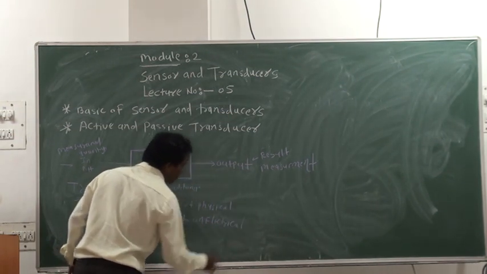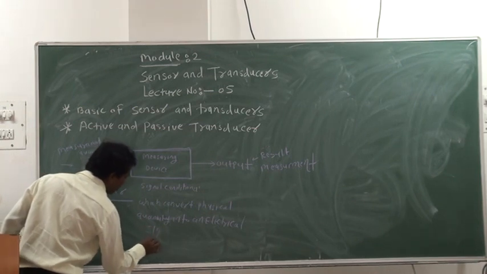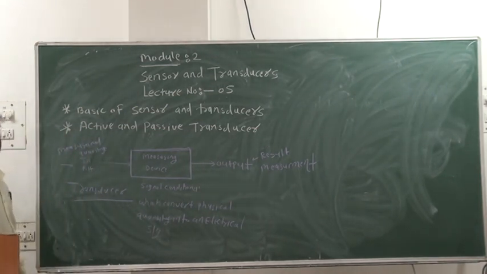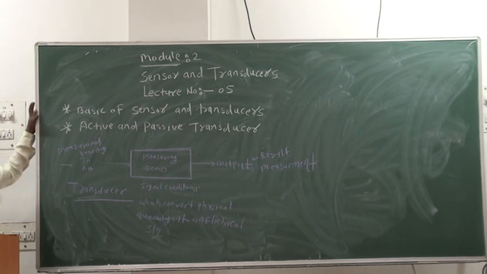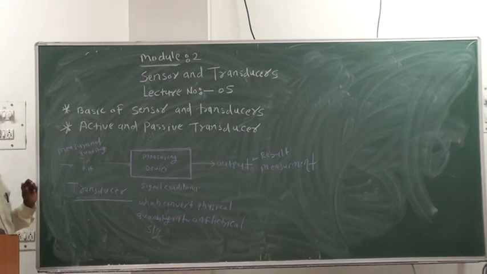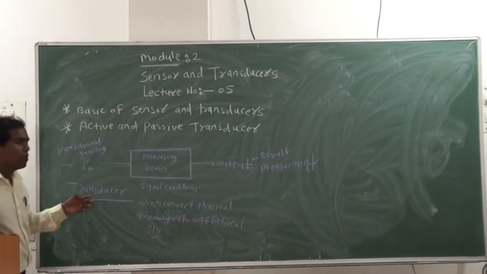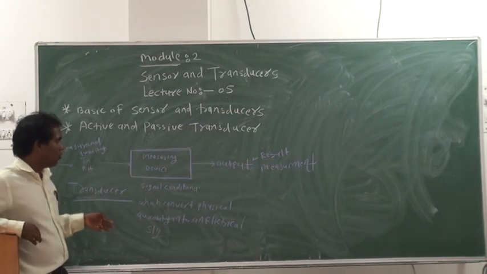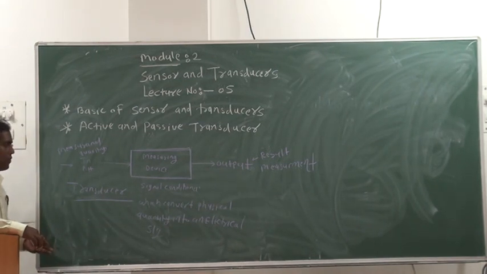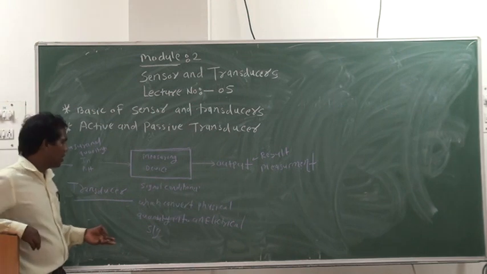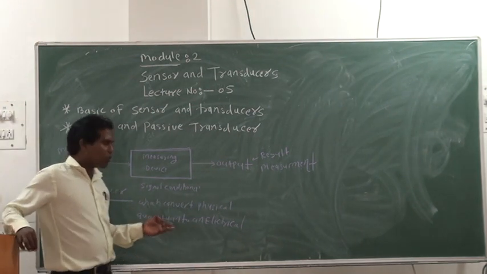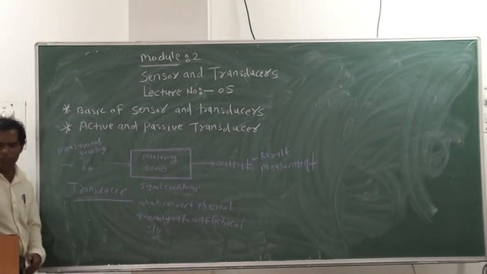This is another definition of the transducer. So a transducer can be defined as a device which converts one form of energy into another form of energy, or which converts a physical quantity into an electrical signal. That is called a transducer.